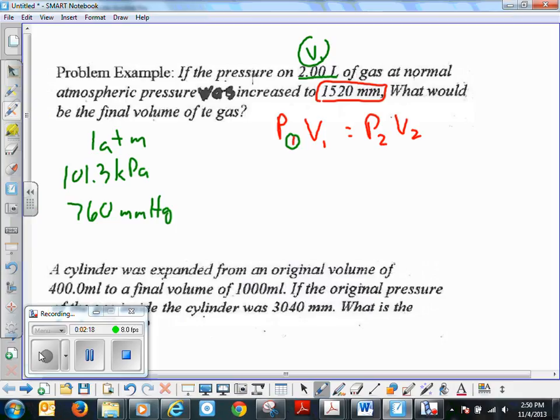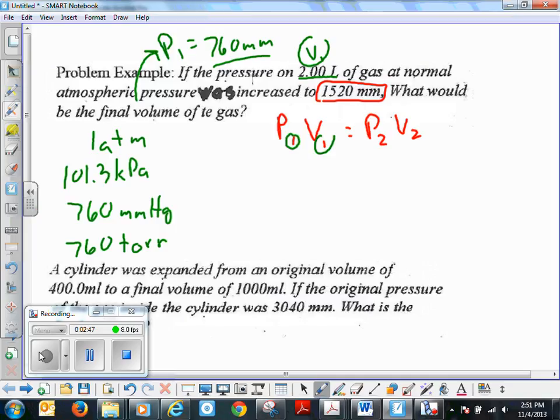Well, this atmospheric pressure here then is P1, and it happens to be normal atmospheric, which is 760 millimeters then. So that's the number for P1. That's the hard part right there. The other name for pressure is torr, and it's the exact same number as millimeters of mercury. But we don't need to know that yet. Okay, so that's P1.